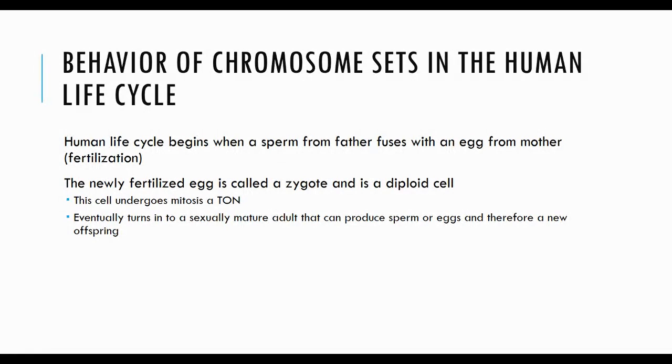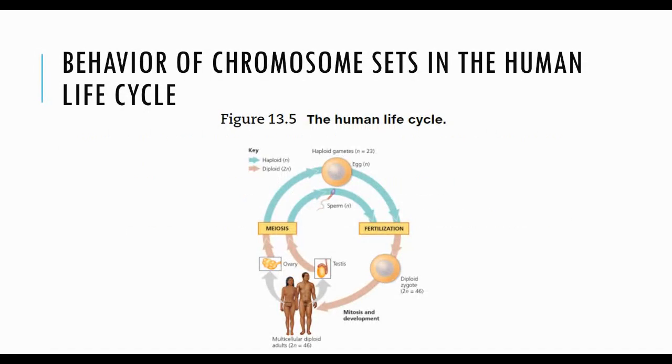That one zygote eventually turns into a sexually mature adult that can produce sperm or eggs and therefore a new offspring. So that's the life cycle of humans, which you can see here in picture form.